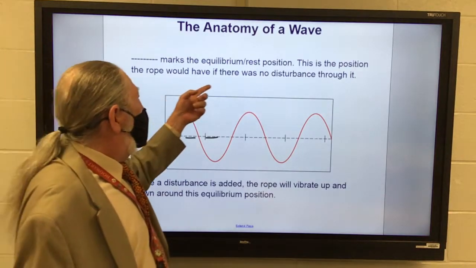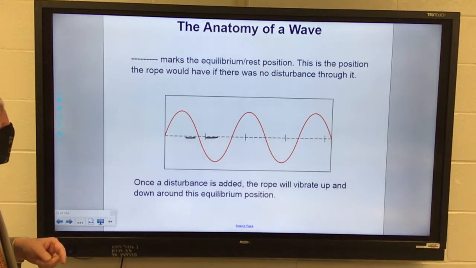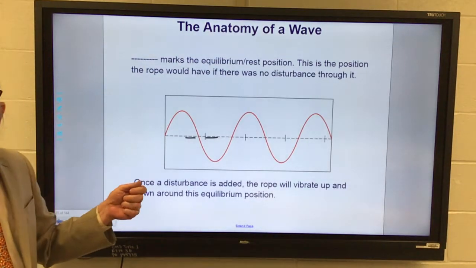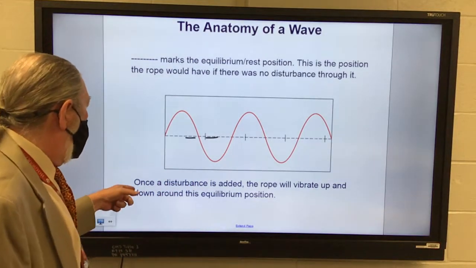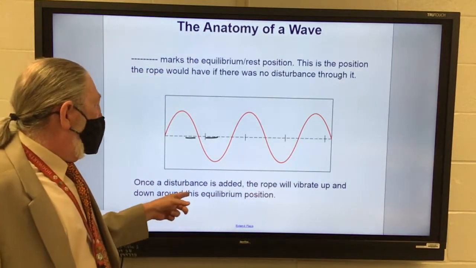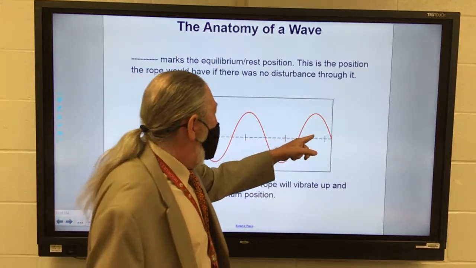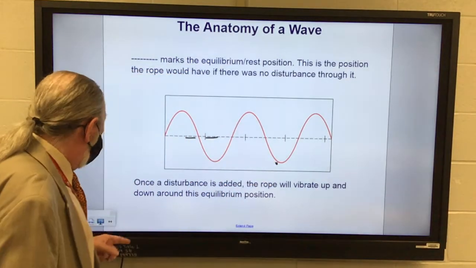So this is the position the rope would have if there was no disturbance through it. And then once that disturbance is added, you remember the machine? It oscillated. So once the disturbance is added, the rope's going to vibrate up and down around this point right here. Okay, so it's going to go below or it's going to go above.